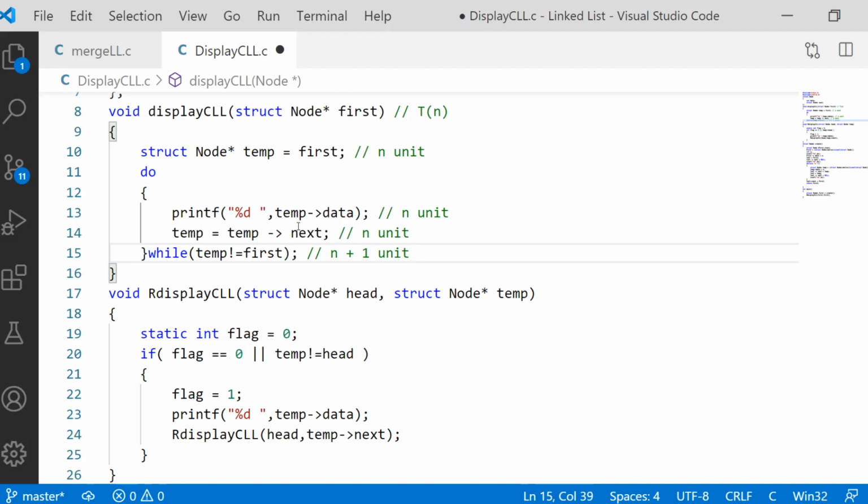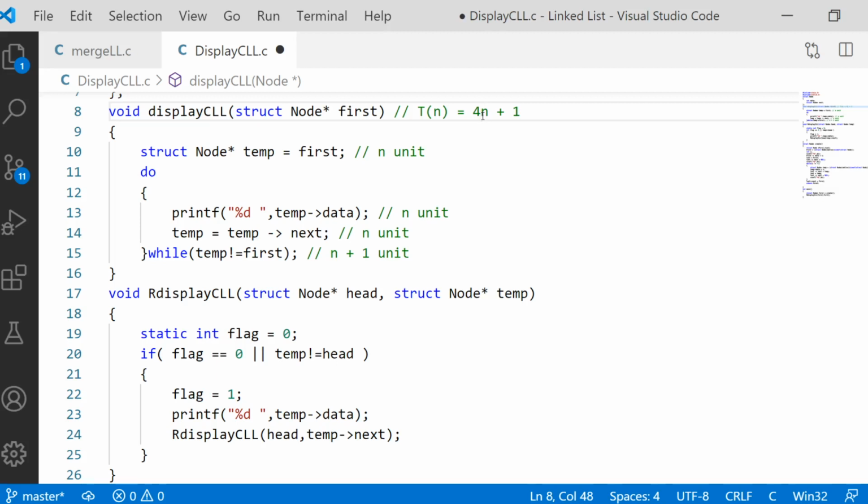So adding all these unit times together, T of n is equal to how many n are available here? 3n is available. So 3n plus 1. Sorry, it's not 3n, it is 4n. So it is 4n plus 1, okay? 4n plus 1 is a linear equation.